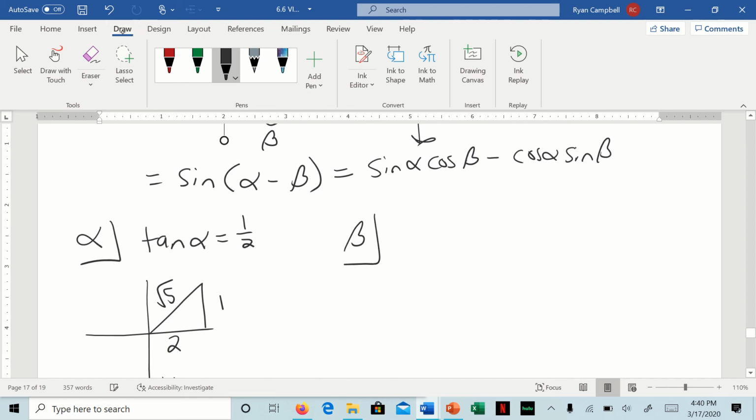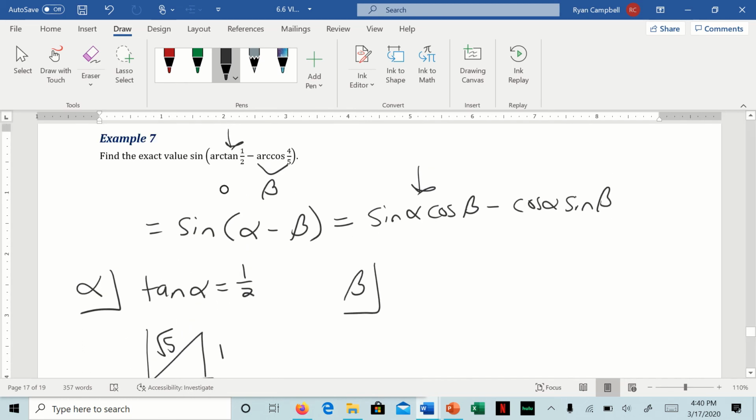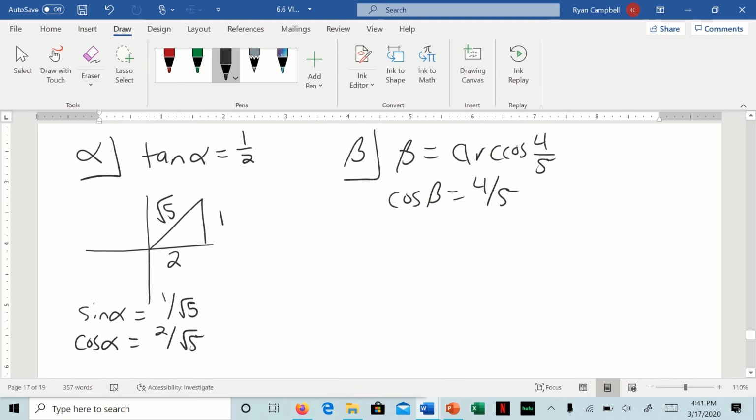Now let's look at beta. So what do we know about beta? It says that beta is the arccosine of 4/5, right? So if we want to rearrange that, we see that cosine of beta equals 4/5. So just like we've always been doing, what quadrants are we going to be in?